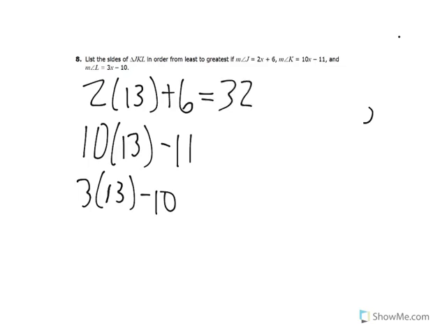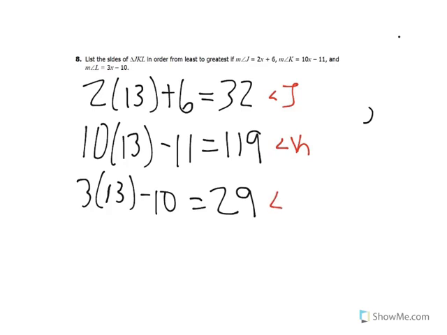Here we're going to get 32. Here we're going to get 119. And the last one's going to give us 29. So this is angle J, angle K, and angle L.